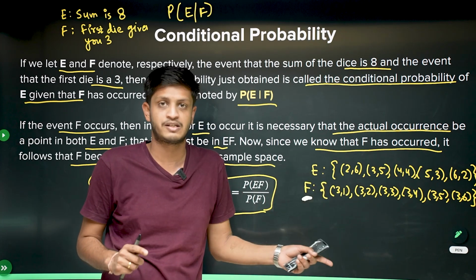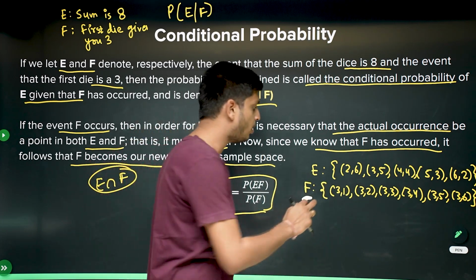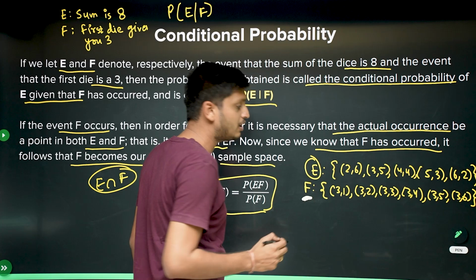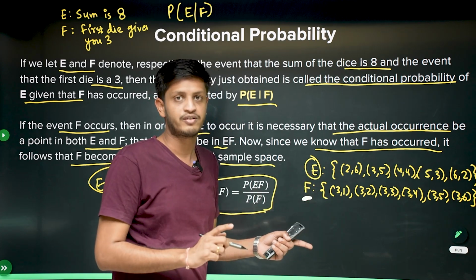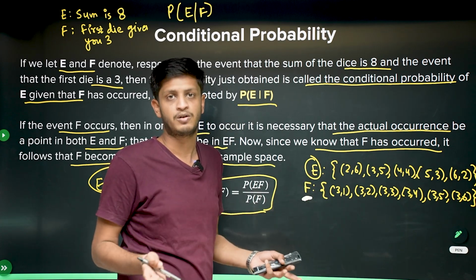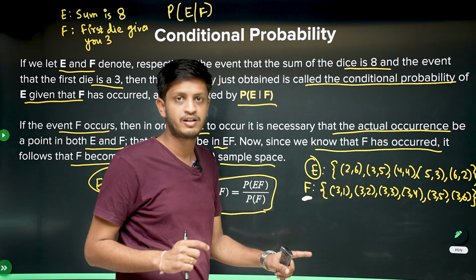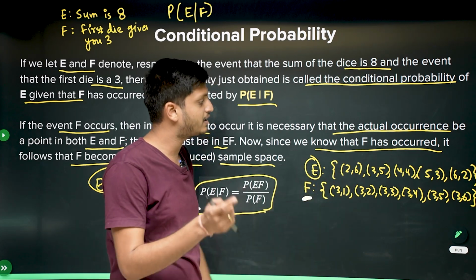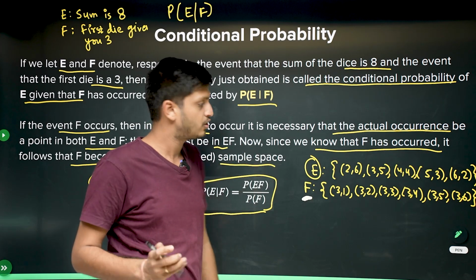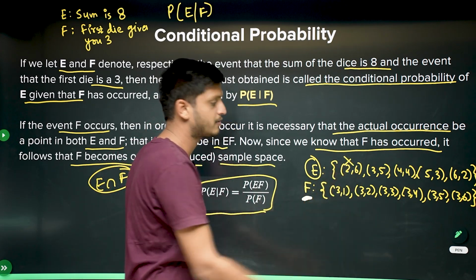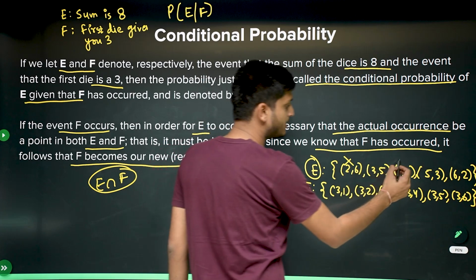Your sample space becomes this. What it means is that all the elements in E which are not in F do not matter. They can never happen now. Since it is given that 3 happened in the first die, you cannot have (2, 6) at all, right? So all these elements are useless.